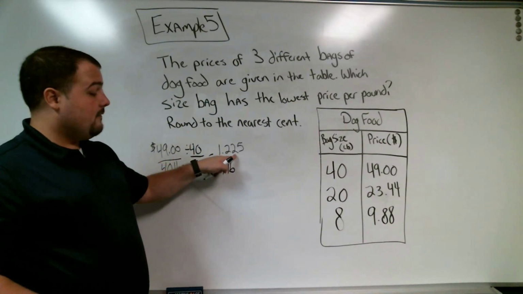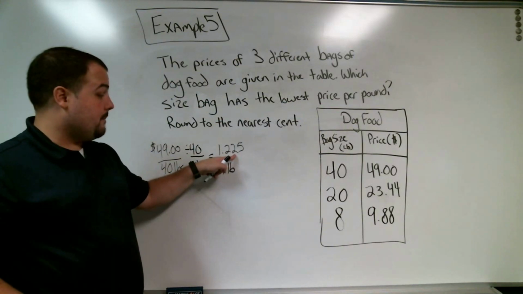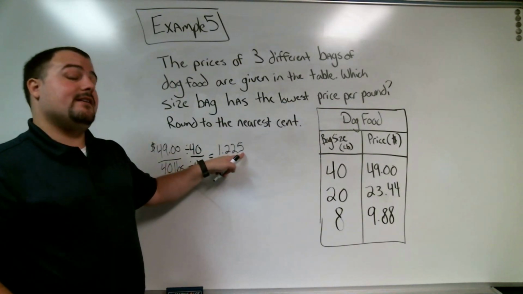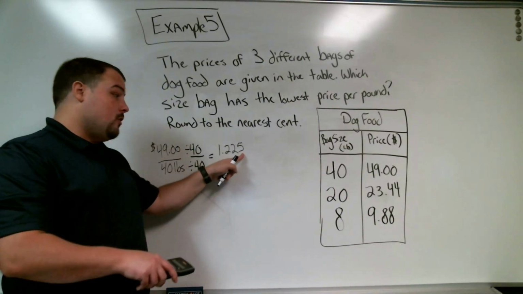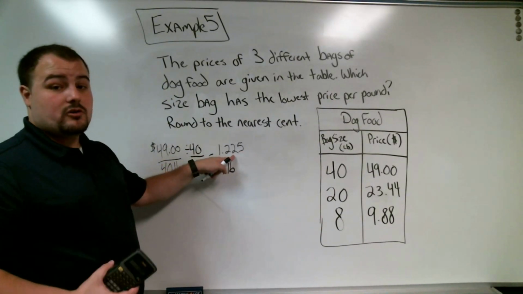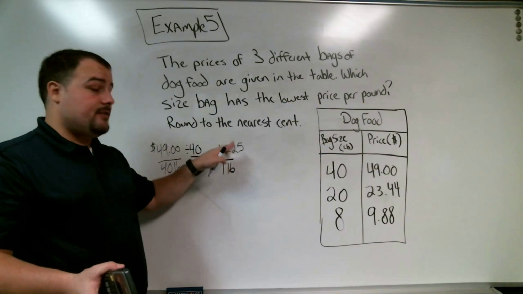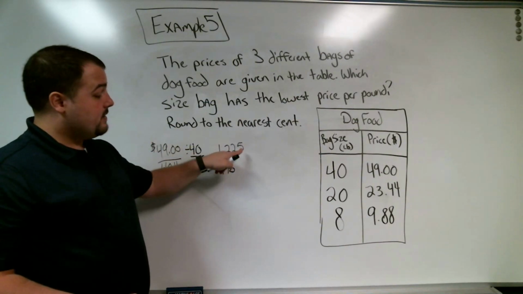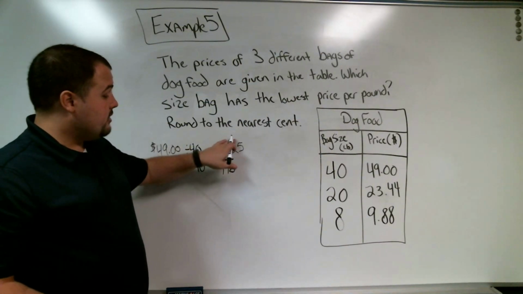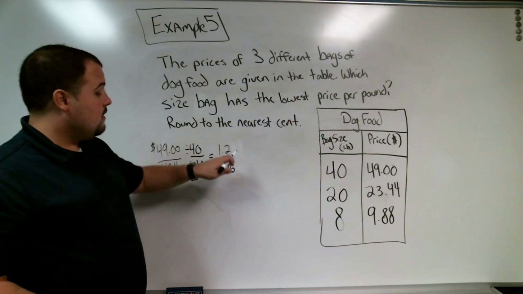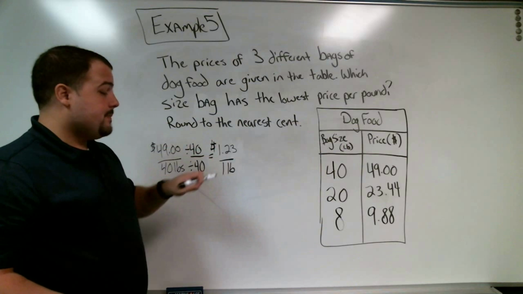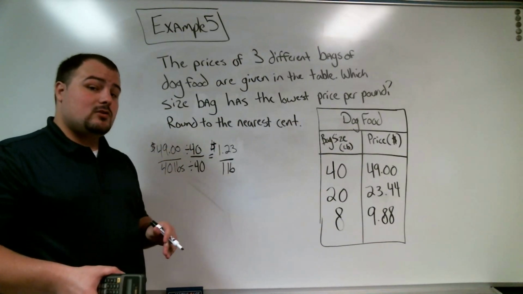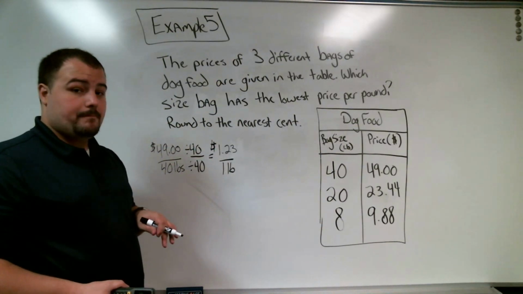So I'm going to put my finger where the second decimal place would be. I'm going to look to the right. That number is 5. Now, as we talked in the past, if it's 5 or more, the number in front of it is going to round up. If it's less than 5, we're just going to drop it off. But since this number is a 5, we're going to change that 2 to 3. That means the first bag of dog food actually costs $1.23 for 1 pound.